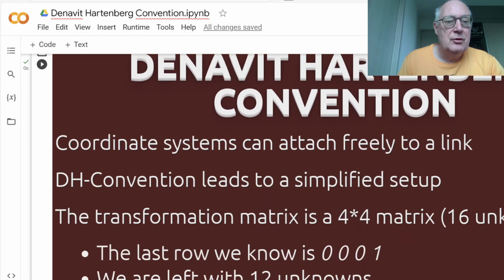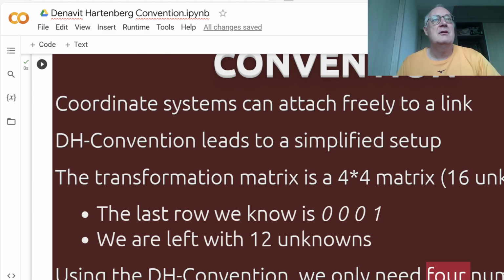The motivation is that, even though in theory the coordinate system can be attached freely to the links, some placements make the derivation of the kinematics easier than others. So the Denavit Hartenberg convention allows us to describe the 4x4 transformation matrix with 12 unknowns using only 4 numbers.